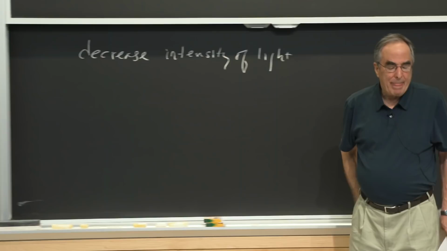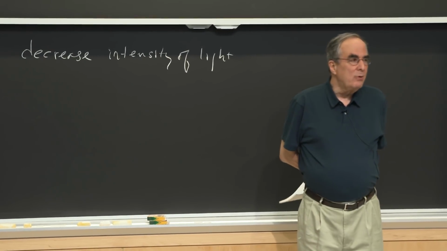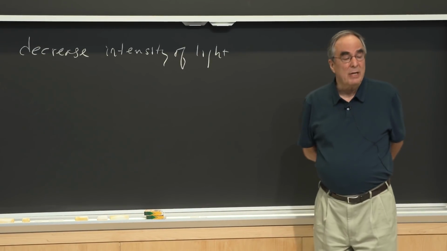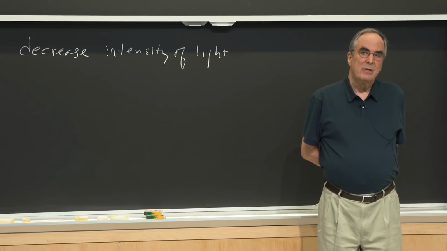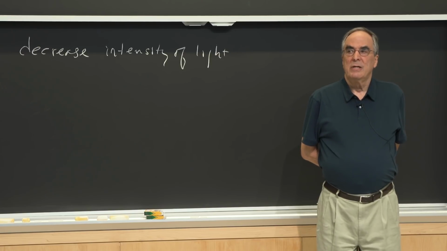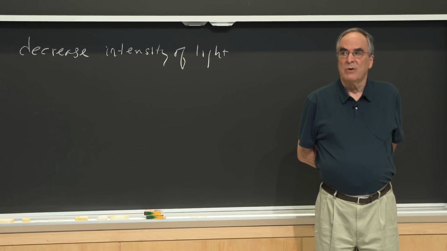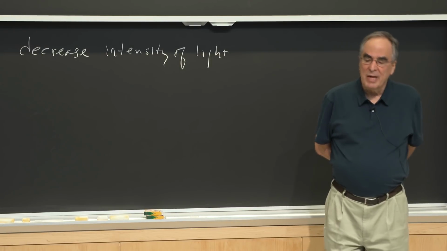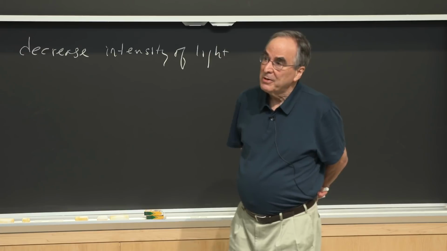All right. So what we want to do is decrease the intensity of the light that's going into the apparatus so that there is never more than one photon in the apparatus. Now, never is a strong word, and we could never do that.